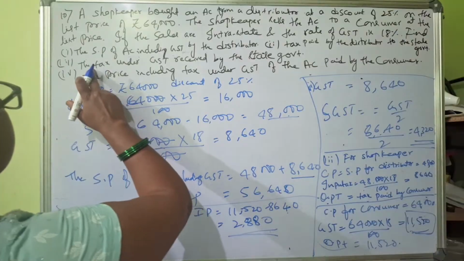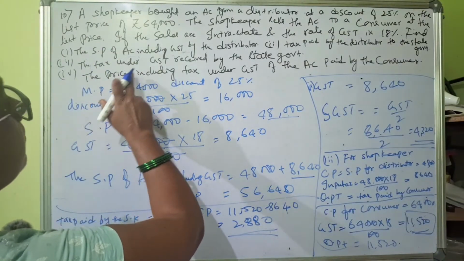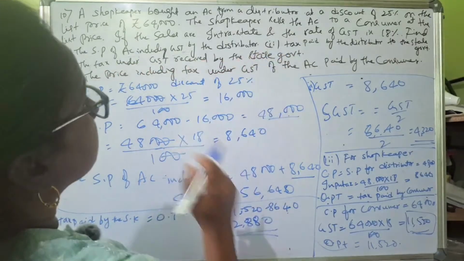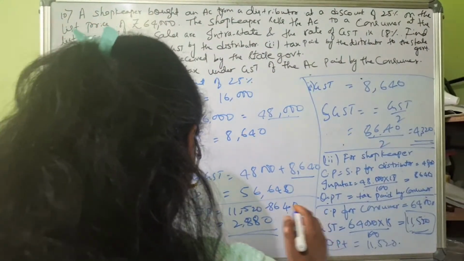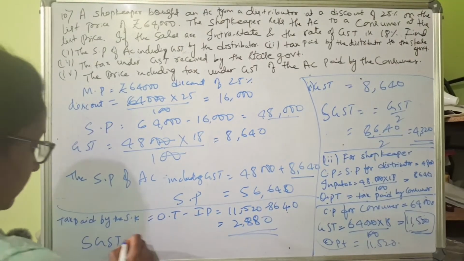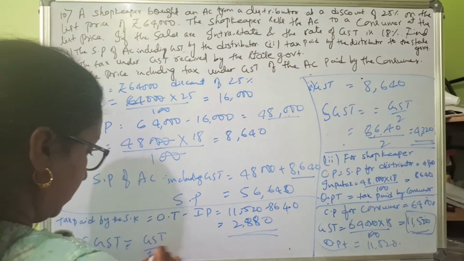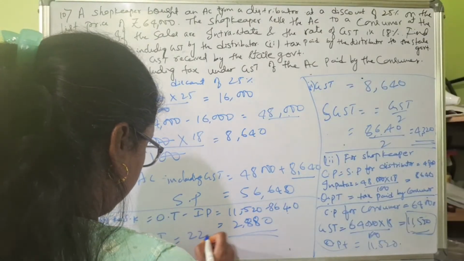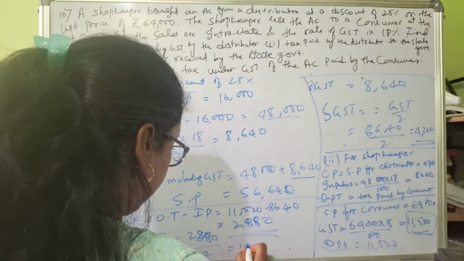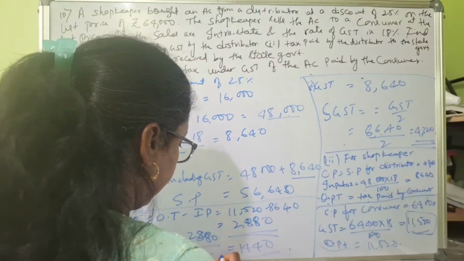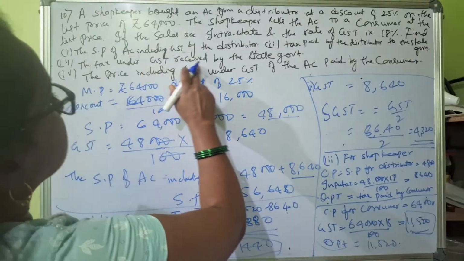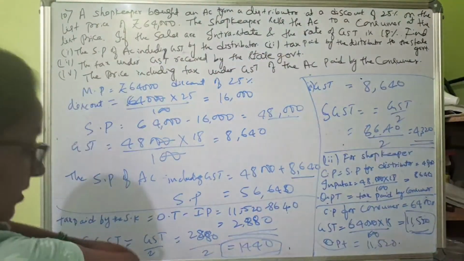And we have to find the tax under GST received by the state government. So we have to find SGST, which is equal to GST divided by 2, which is equal to 2,880 divided by 2, which is equal to 1,440. So this is the tax under GST received by the state government.